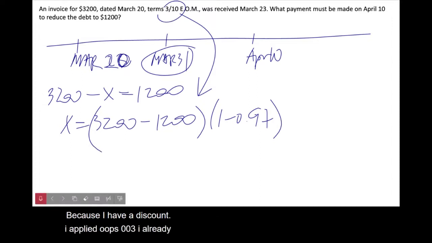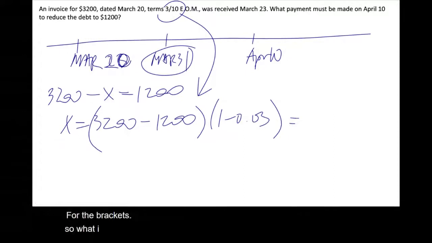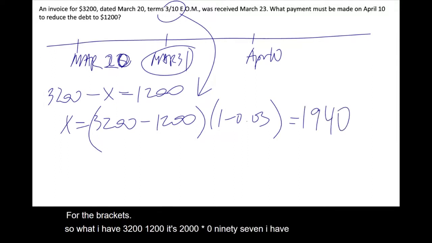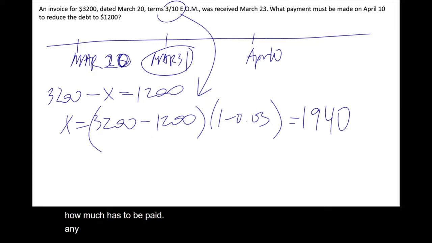I already put the answer, right? For the brackets. So what I have: 3200 minus 1200, that's 2000 times 0.97. I have 1940. That's how much has to be paid. Any questions?